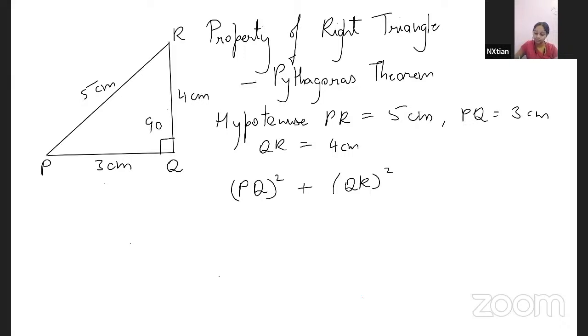Again, 3 centimeter. And QR, 4 centimeter.